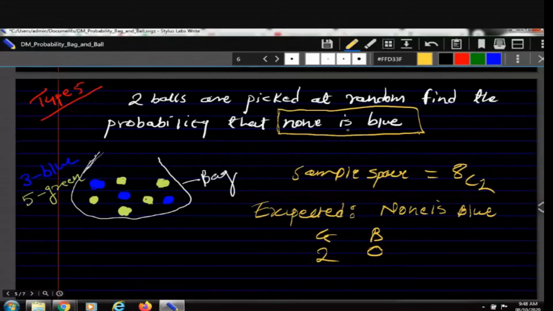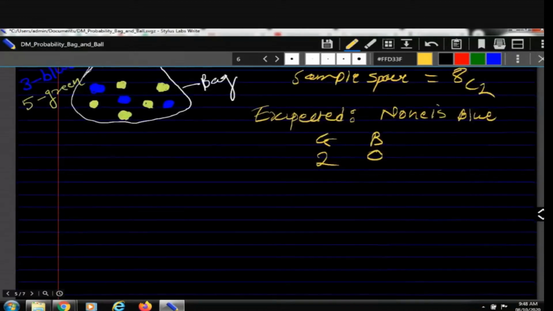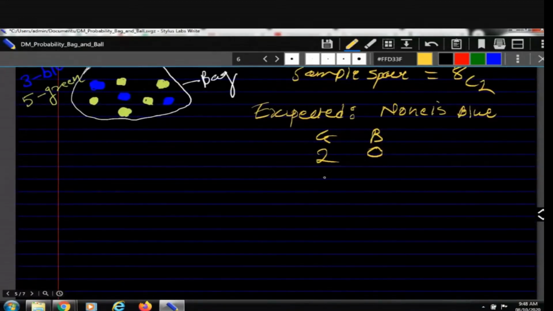So that's what they are saying. None is blue. They don't want a blue ball. They just want the green balls. So they want two green balls. They have not mentioned it here, but this can be understood from the statement that none is blue. So green balls are two. Now these two green balls can be selected in how many ways? 5C2 ways divided by your sample space 8C2.